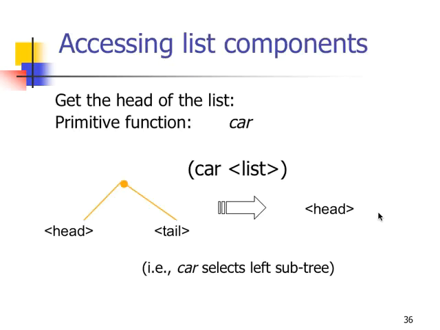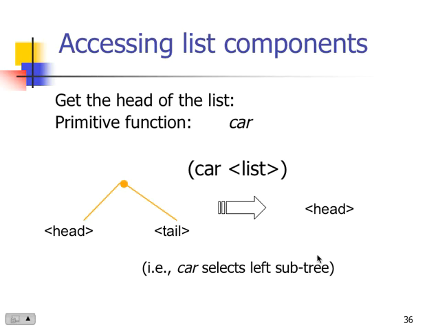We have car, so accessing list items themselves. Get the head of the list. So it's kind of like saying, give me the head, give me the head, or give me the tail, depending upon which direction you're traversing through the list, but this works with the front of the list. So car selects the left subtree.